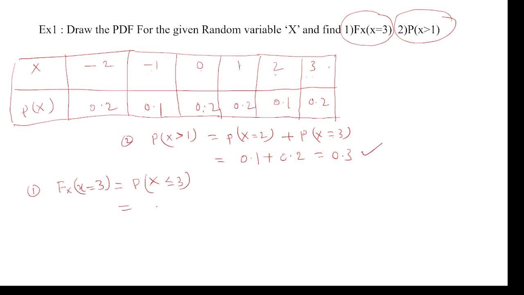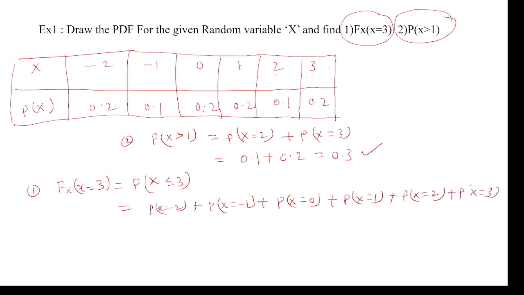So that's why it is the probability of x equal to -2 plus probability of x equal to -1 plus probability of x equal to 0 plus probability of x equal to 1 plus probability of x equal to 2 plus probability of x equal to 3.